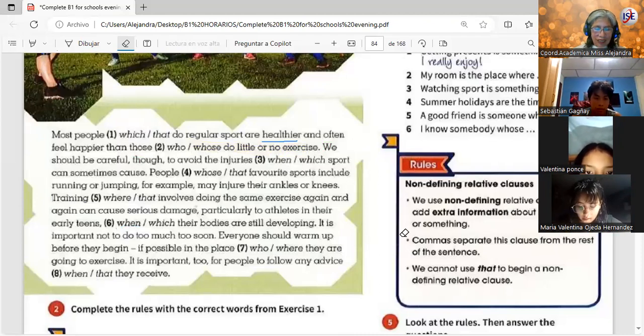Injured: lesiones, daños. Okay, if I twist my foot, I injure my ankle. I have injured my feet. Okay. Any other? Sebastian, no problem? Teacher, what is the meaning of ankles or knees? Ankles, tobillos. Knees, rodillas.